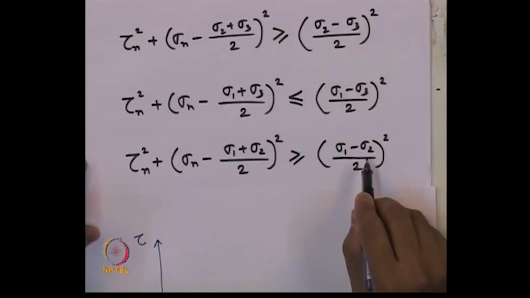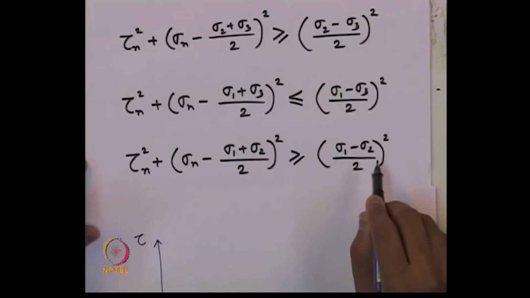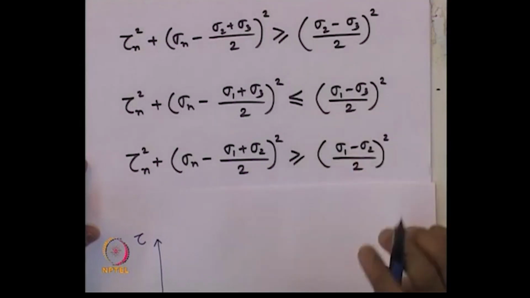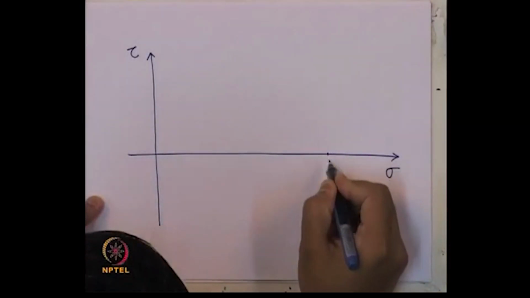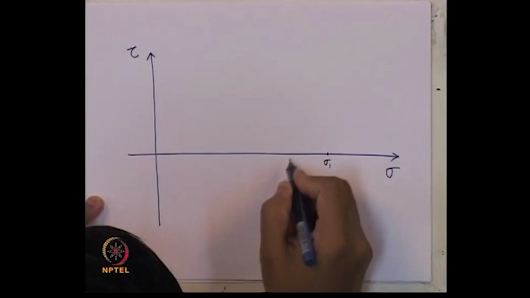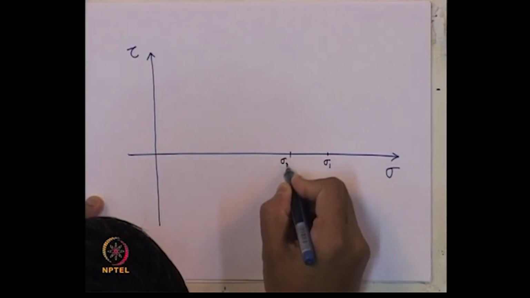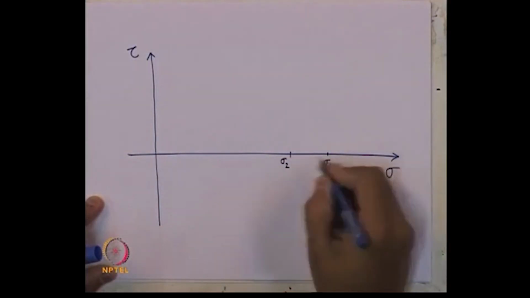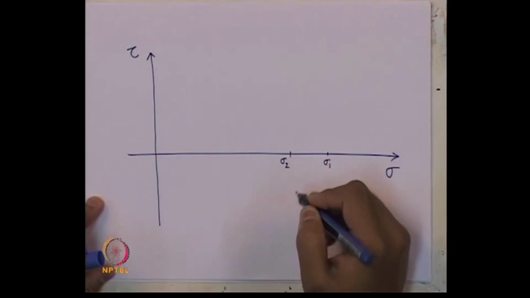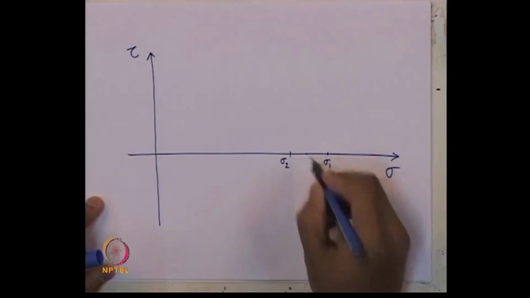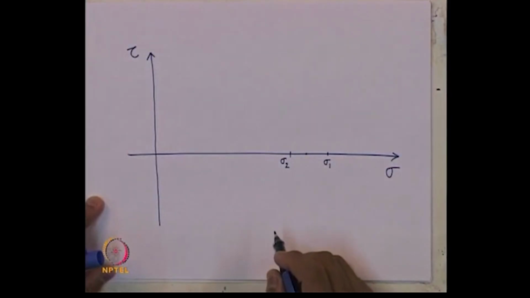So, these are the two principal stresses, and what we have considered is sigma 1 is greater than sigma 2 is greater than sigma 3. That is the condition we have taken. So, let us plot those principal stresses. Say this is our sigma 1, this is sigma 2. So, with these two principal stresses, we can draw a Mohr circle with the center of the circle at (sigma 1 plus sigma 2) by 2.